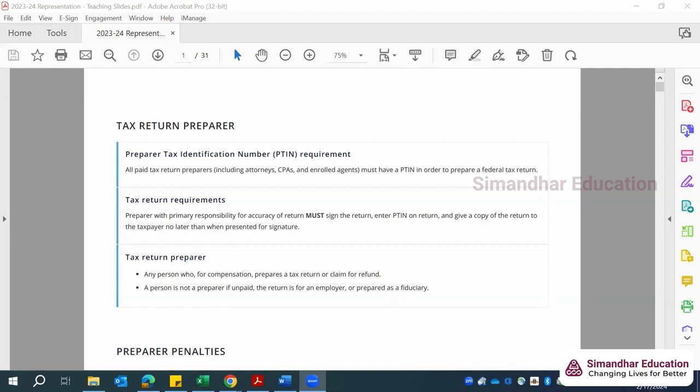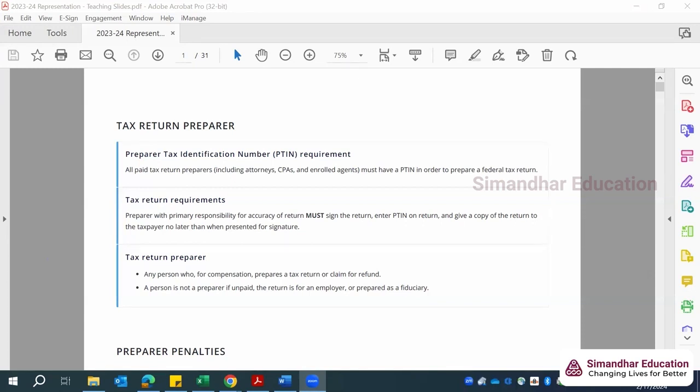So based on whose return you're filing, if you're filing an individual tax return, you should keep a note of their SSN. If you're filing a return for an entity, then you should be keeping a note of their EIN. So name, ID number, the tax year for which you are filing the tax return, the type of return you are filing.